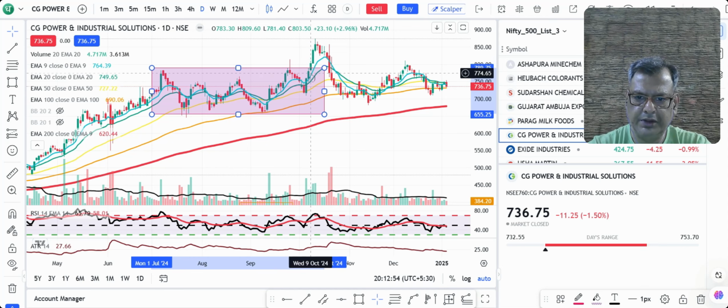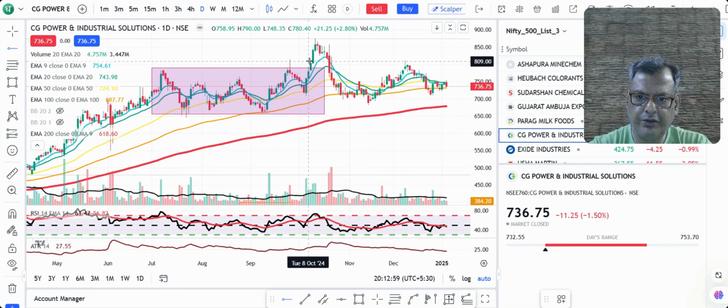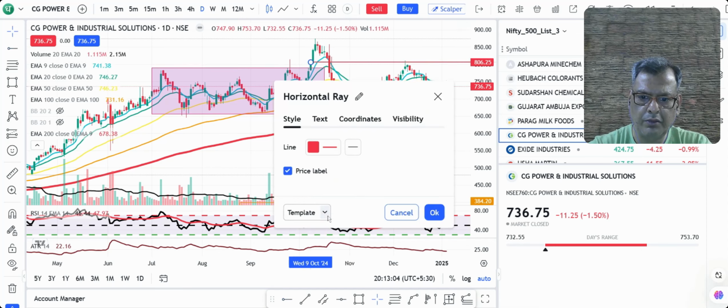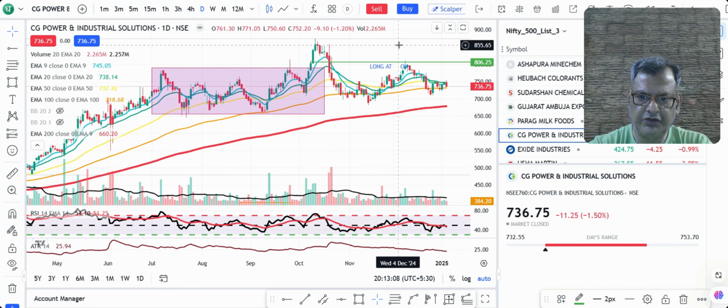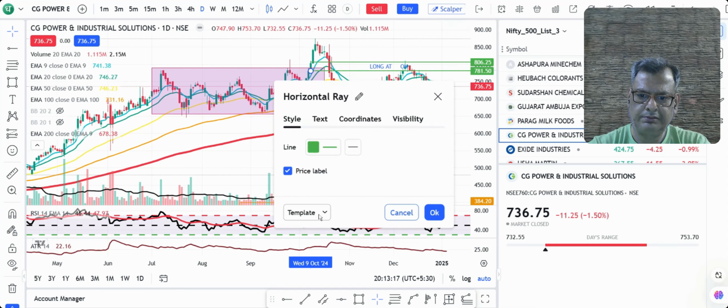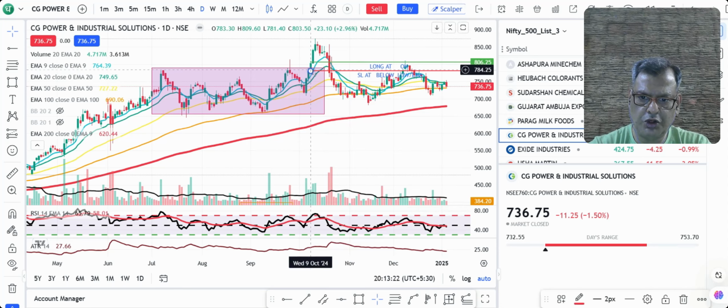Think about it. You're going long here. Where are you going to place your SL? Will you place it somewhere below the low of this candle, or somewhere below the low of this candle here?